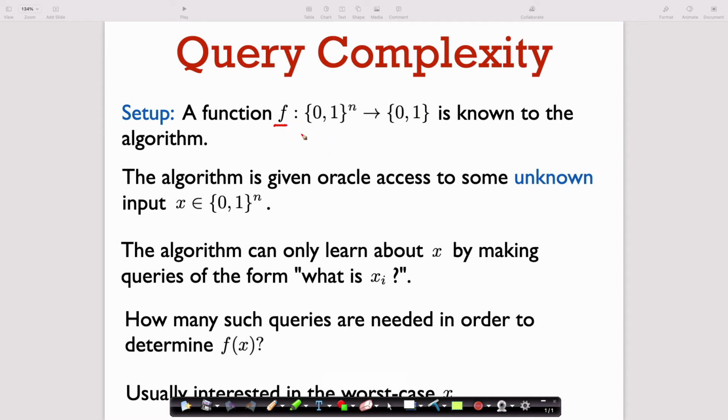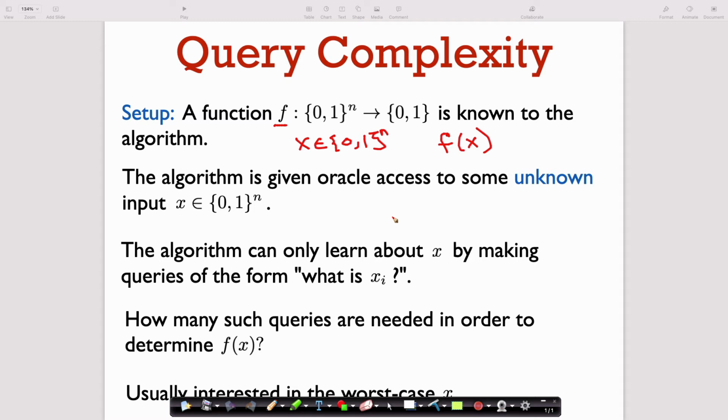Now, what is unknown is an input x, an n-bit string. This is unknown to us, and we only have access to x via an oracle. Our goal is to compute f of x. What this oracle does is we can ask questions like, what is the third bit of x?